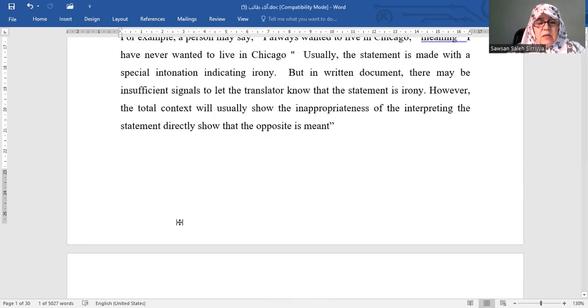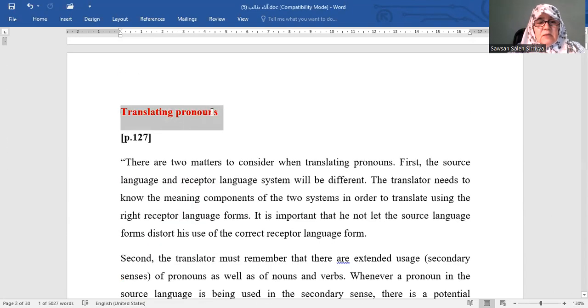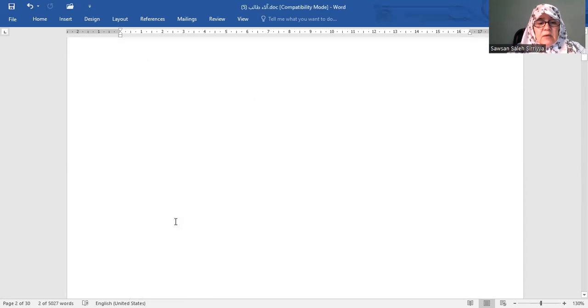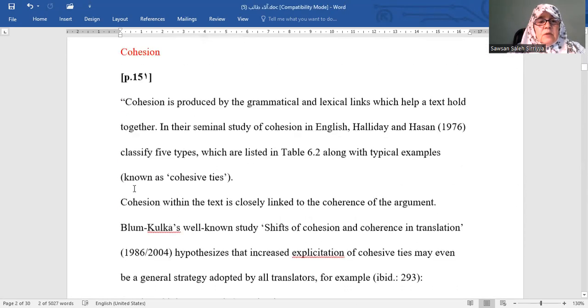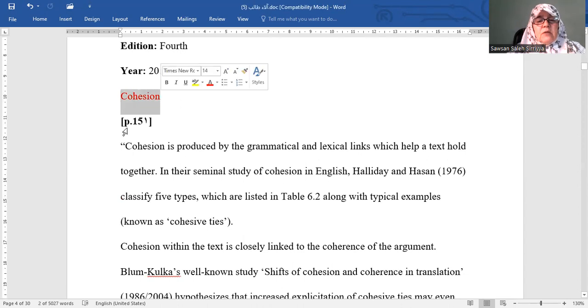And this is about irony, this is about translating the pronouns, this is about cohesion. You collect all these topics, and then you arrange them to make your own plan.